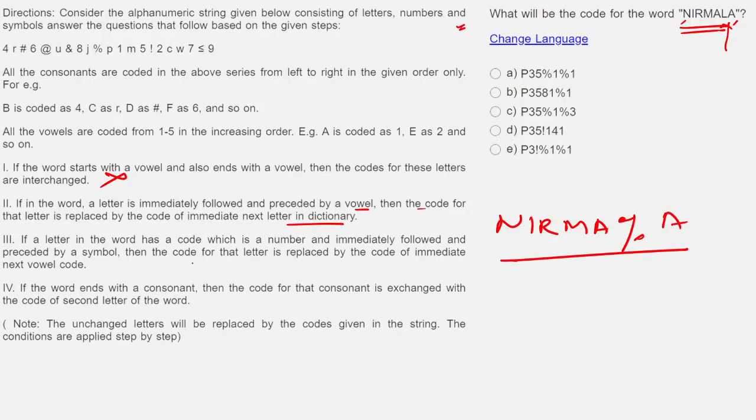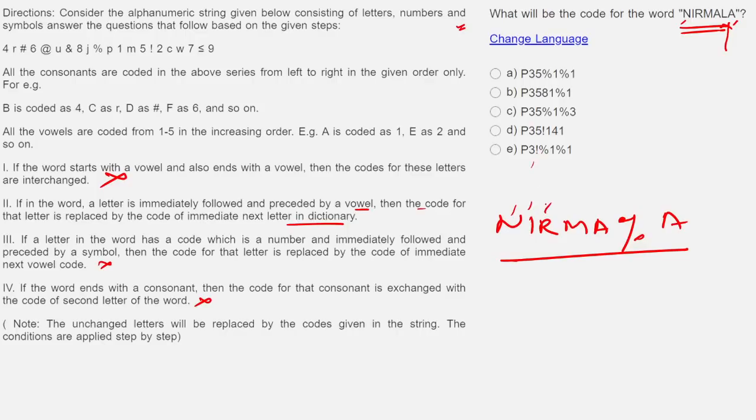Then all I have to do is check the next. If there is a letter in the word which is a number and immediately preceded by a symbol, no, there are no such symbols, so this is gone. If the word ends in a consonant, no, this is gone. So all I have to do is put back their respective codes. N's code will be P only, all 5 options. This also does not look like the differentiator, so N and I are anyway gone.